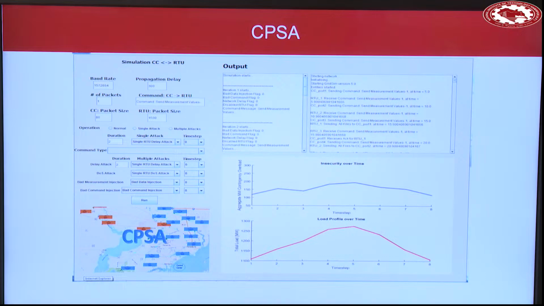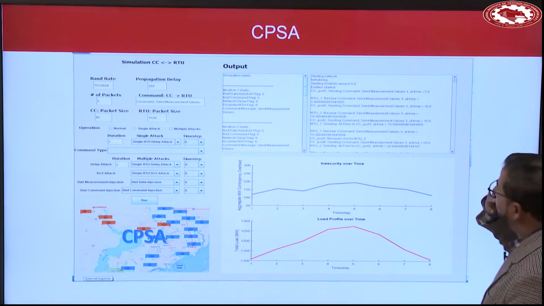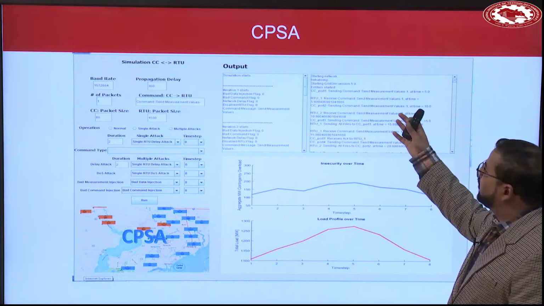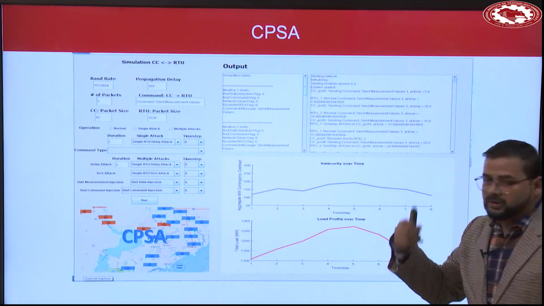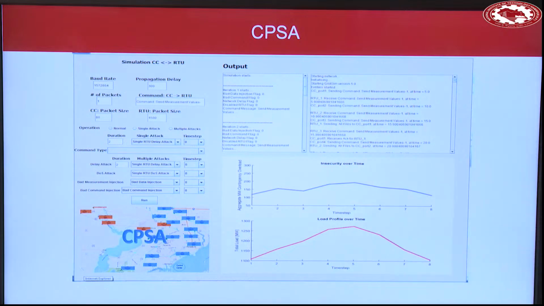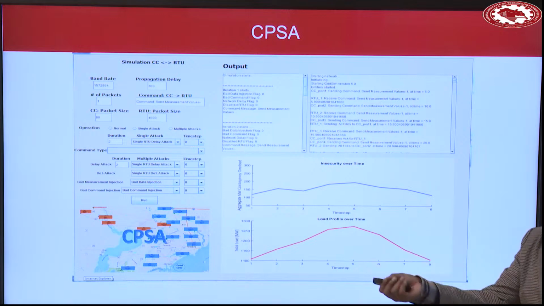You consider topology, and you are, in a way, collecting some logs. So in a normal scenario, the control center sends commands to all the substations. I think in this case, we considered around 12 substations, if I remember correctly. So you are sending a poll request.